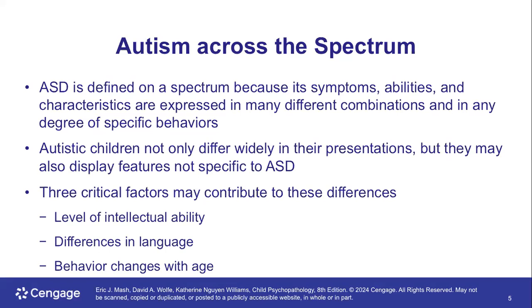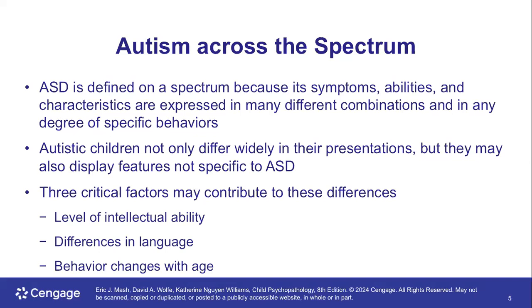So, as I said, not only do they differ in their presentation, but they also may display features not specific to autism spectrum disorder. We see co-occurrences or comorbidities of obsessive compulsive disorder, and so forth.